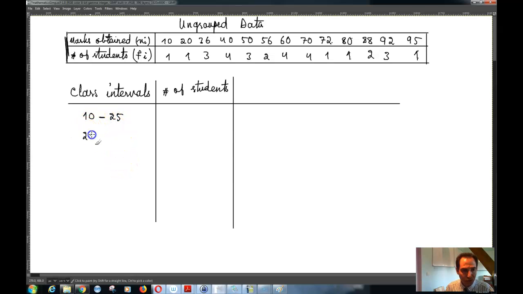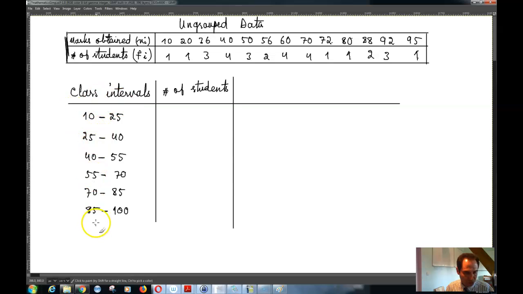Then 25 plus 15 gives 40. 40 plus 15 gives 55. 55 plus 15 gives 70. 70 plus 15 gives 85. 85 plus 15 gives 100. So these are the class intervals that I have defined.